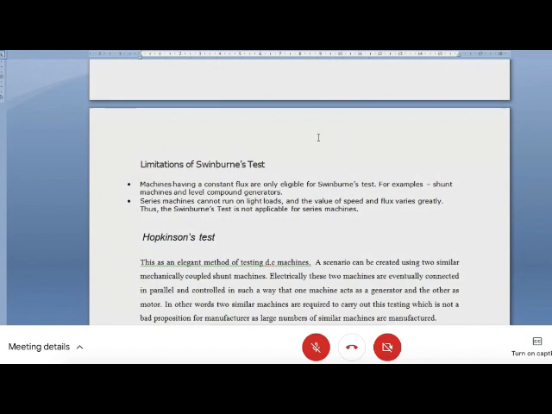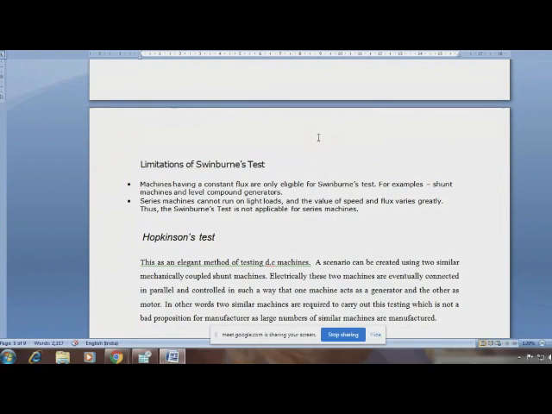Yeah. And further, there are two more limitations. Matter of fact, more than the advantage, the limitations are more. These machines having a constant flux are only eligible for the Swinburne test. That means the iron losses are also taken as constant, for which the flux has to be constant. And that being the case, this test can be carried out only on shunt machines and not on series machines, because in series machines the flux is never constant.